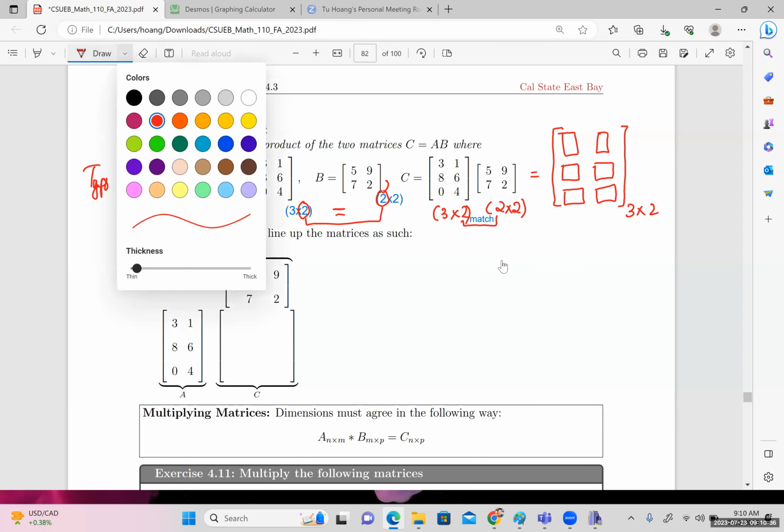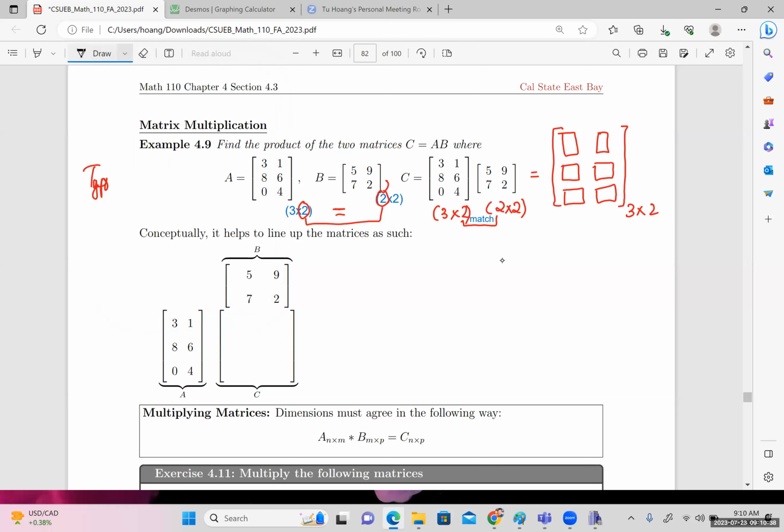For the new product dimensions, you use the first matrix's rows and the second matrix's columns as the new dimension for the product matrix. So we can say 3 by 2.